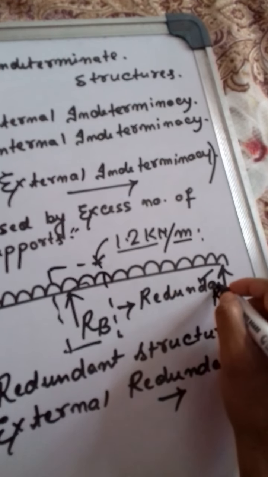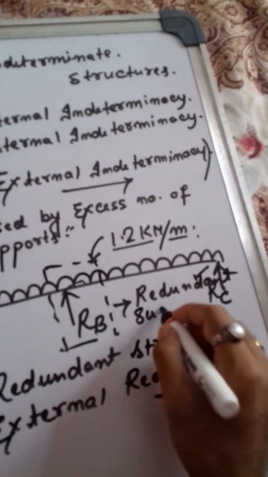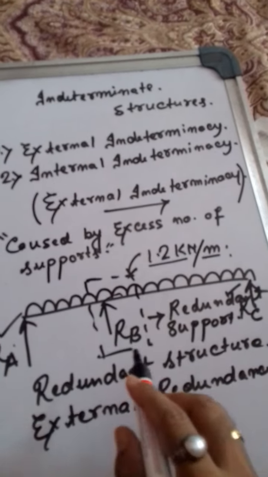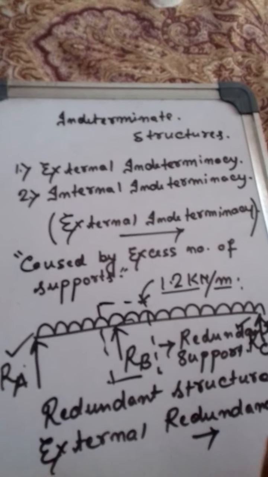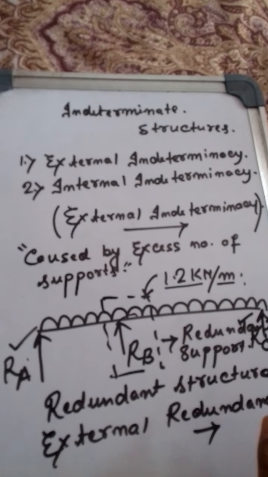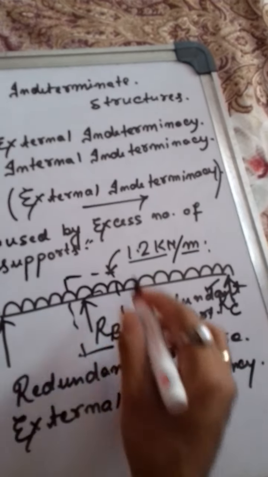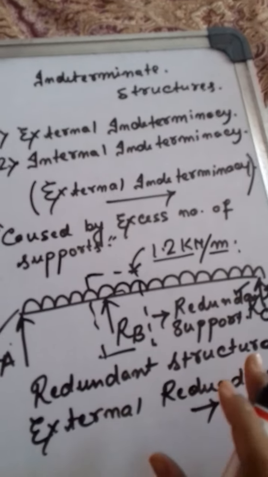You don't need the support. Somehow you are providing the support to reduce the reactive forces at A and C. So this is the concept of external redundancy, which is caused by one or more supports.